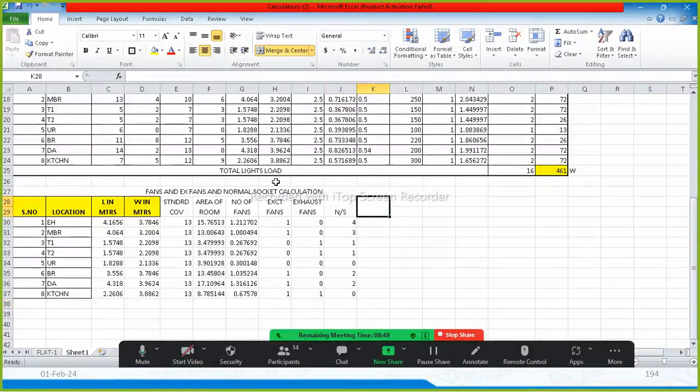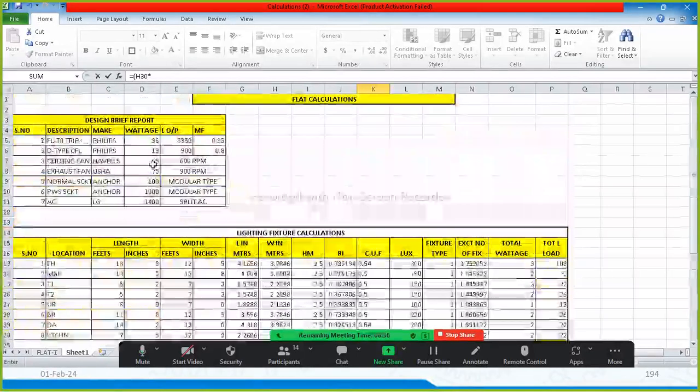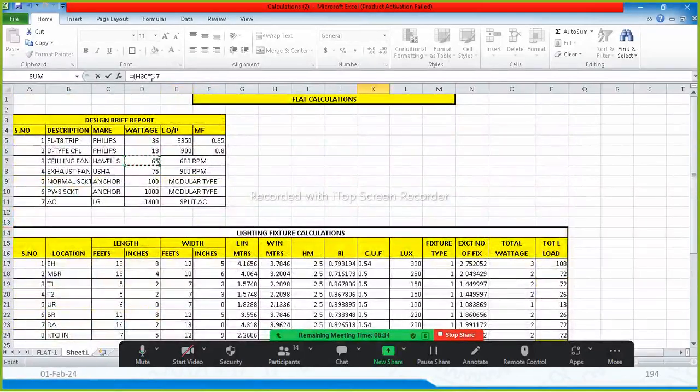Okay, now coming to the total load. Total load of this is equal to, bracket open, fans into fan wattage. So again, freezing the column. See, why I'm taking the DBR like this is so that in future for the same layout, if the client says no, I want a different catalog, different light, then if you simply change the DBR, the total calculation will be done automatically by itself.